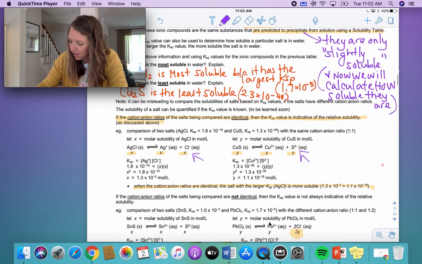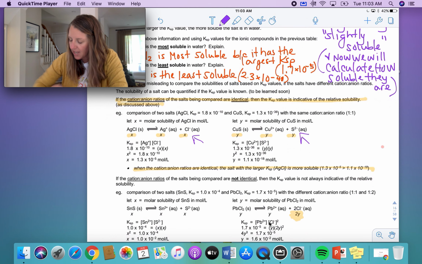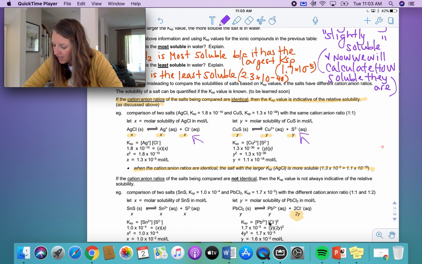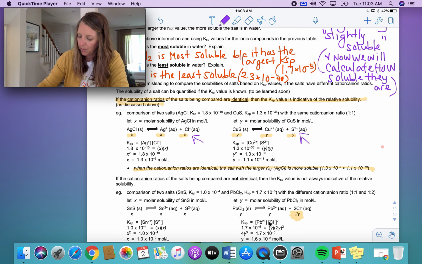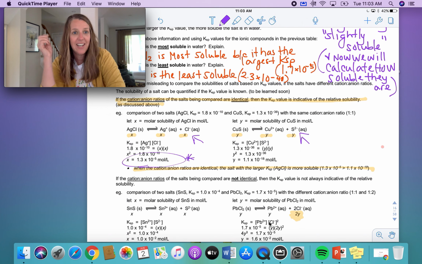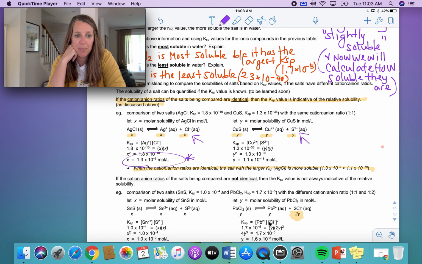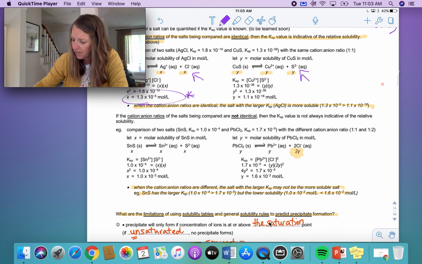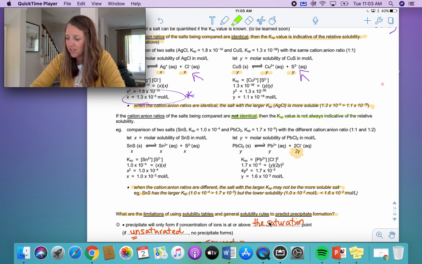So if you compare silver chloride and copper 2 sulfide, the bigger value is the silver chloride, and it has a bigger KSP, so it's going to be more soluble. Now, if you are looking at cation to anion ratios that aren't identical, then the KSP value isn't always indicative of relative solubilities, so you might not be able to use them to compare.